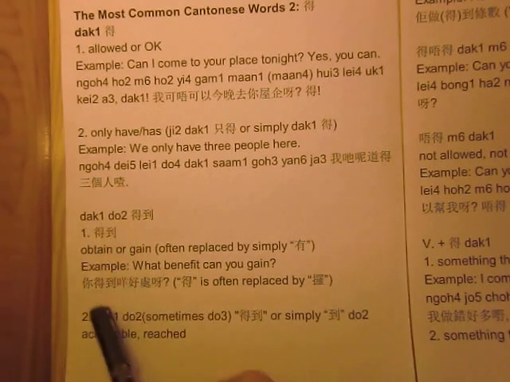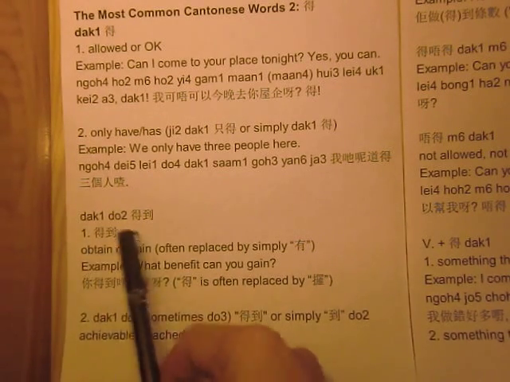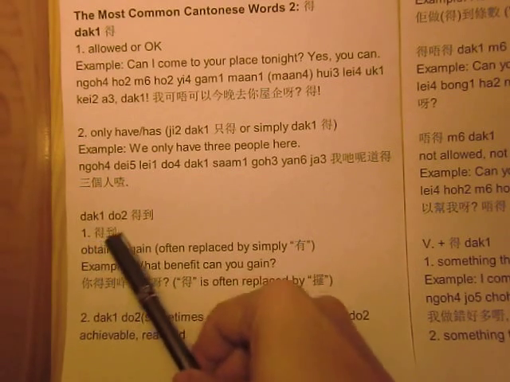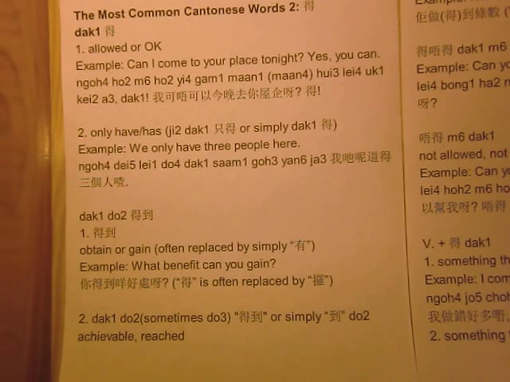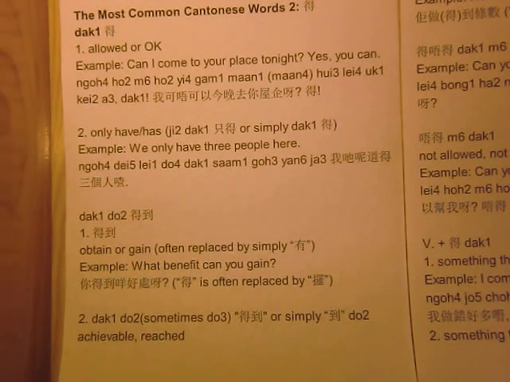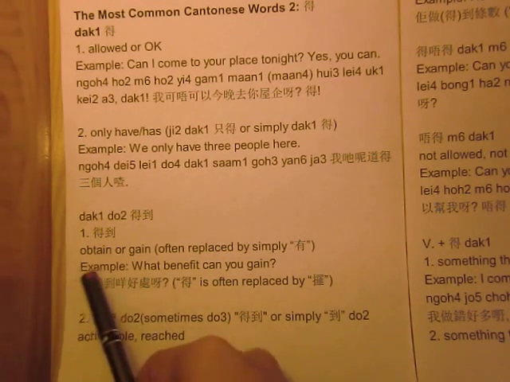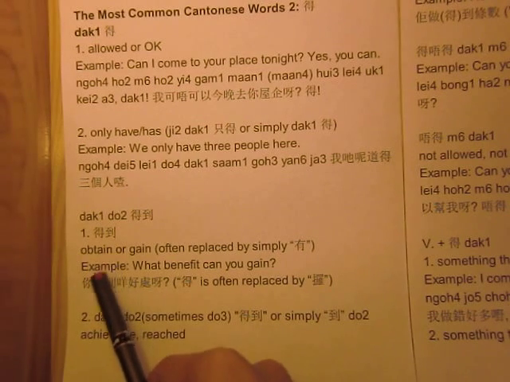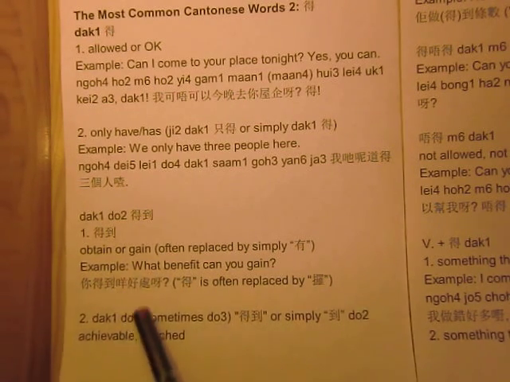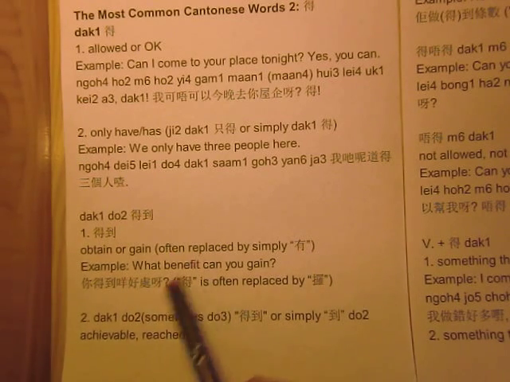The first meaning of dak do is to obtain, to gain. This term is also in Mandarin, meaning the same thing. So for example, what benefit can you gain? 你得到咩好處啊? Again, the subject first: you, 得到, obtain, 乜嘢, what, 咩 or 乜嘢, 好處, benefit.